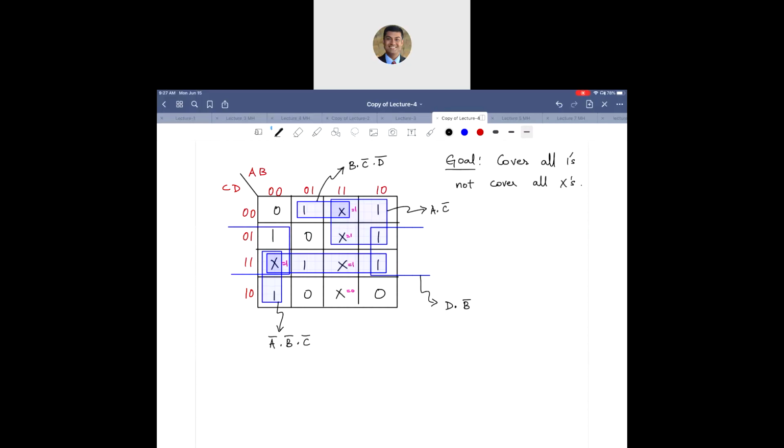Did I get them all? 1, 2, 3, 4. Oh, I left out the horizontal one. C is a 1, D is a 1. So if you put everything together here, you get your F.